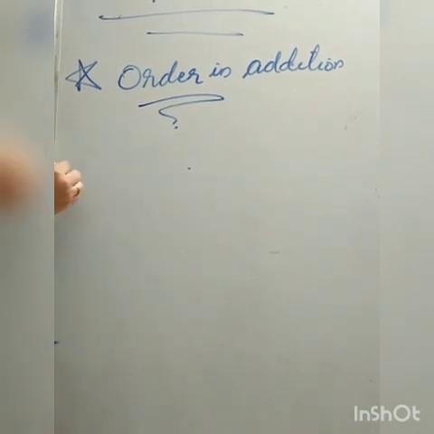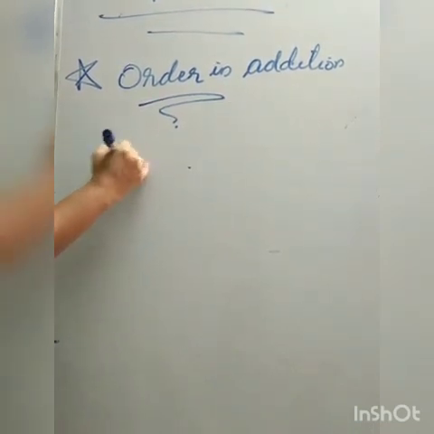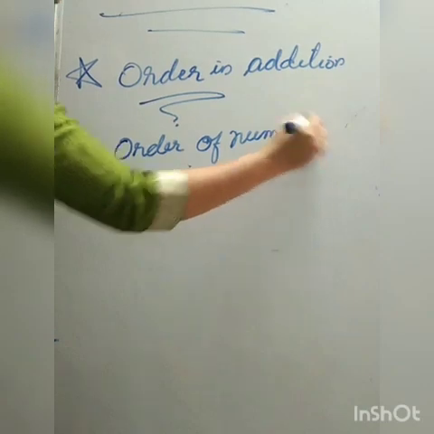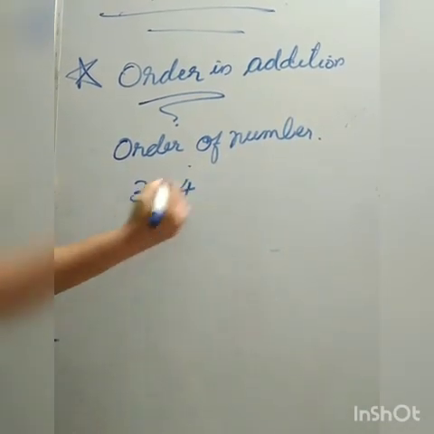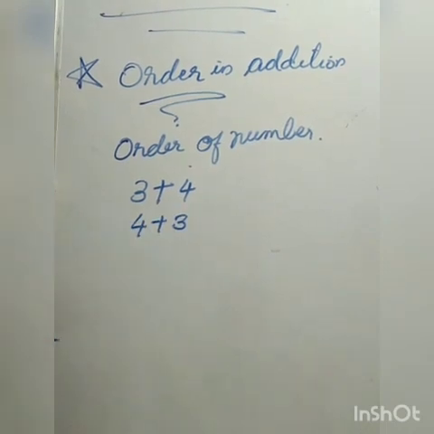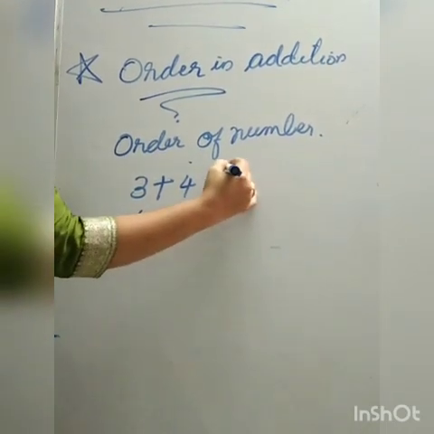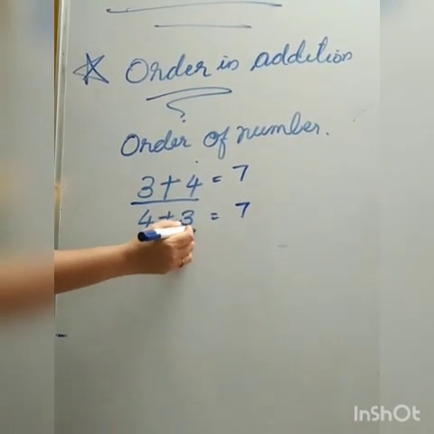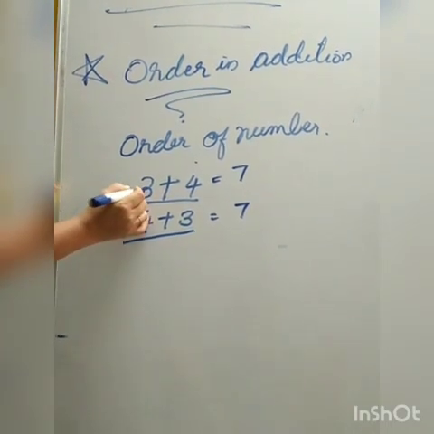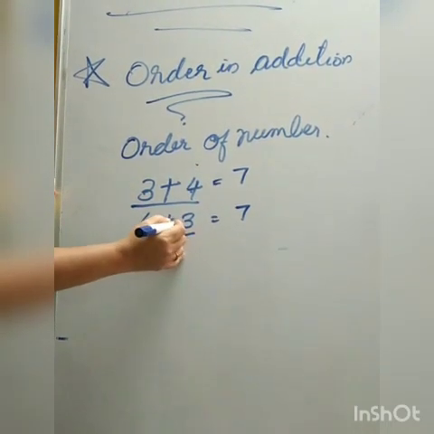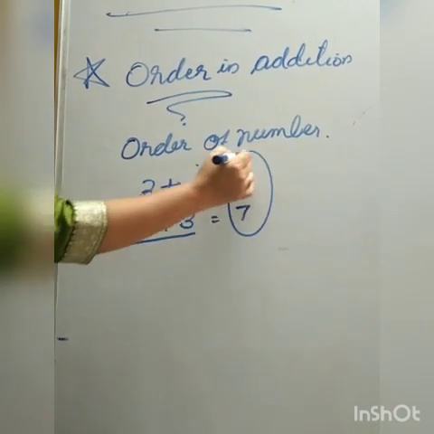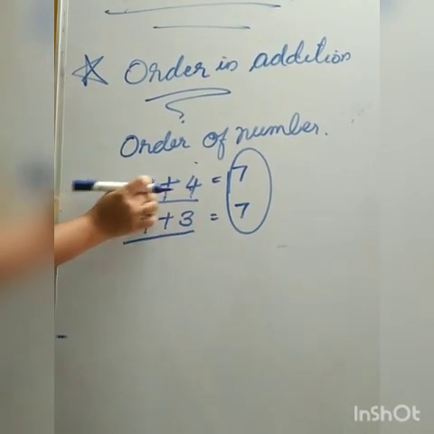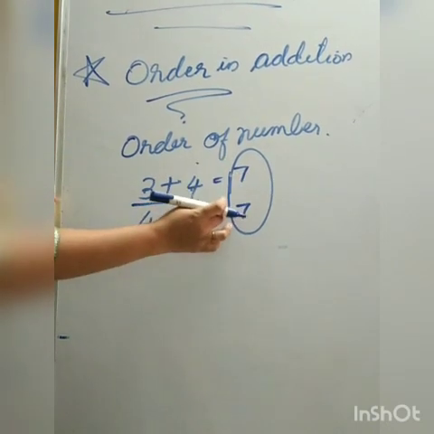Suppose if you change the order of numbers, for example 3 plus 4 or 4 plus 3, what is the answer? Answer 7. If you change the order of the number 3 and 4, 4 and 3, the answer does not change. If we change the order of numbers, the answer does not change.